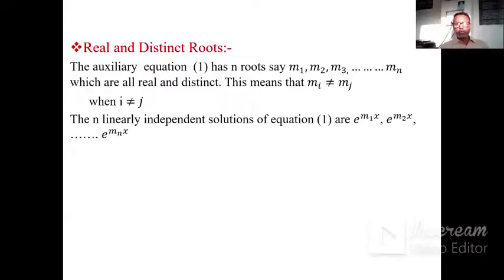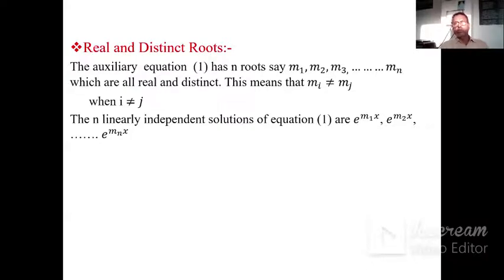Now, the n linearly independent solutions of f(D) y equals 0 are e to the power m1x, e to the power m2x, ..., e to the power mnx. We have seen that if the exponents of exponential functions are distinct, meaning m1, m2, ..., mn are distinct, then all these are linearly independent.